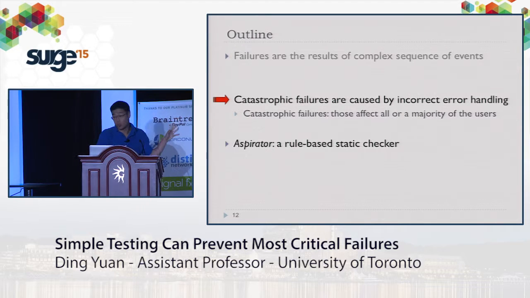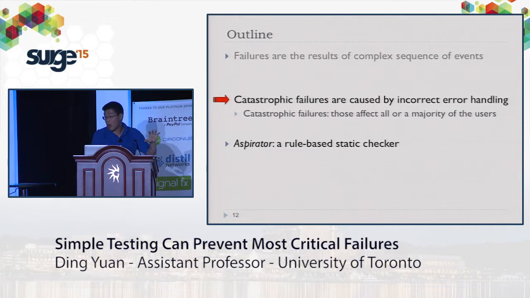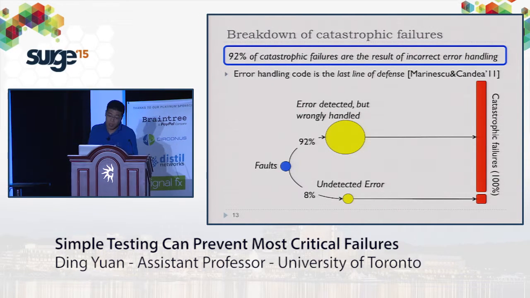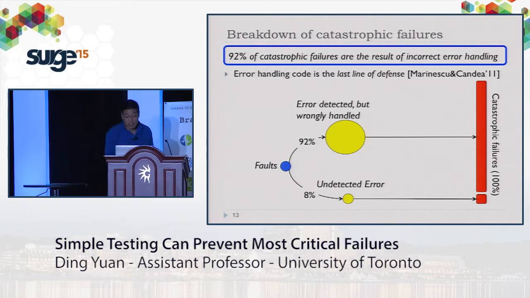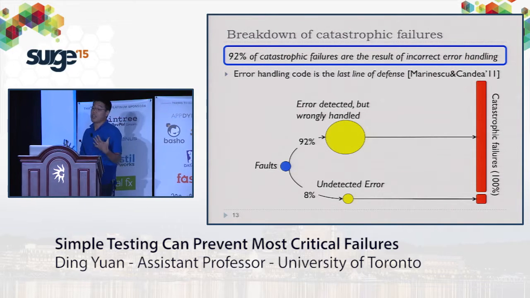So next, let's zoom into this catastrophic failure, where the failure will affect all or a majority of the users. If we break down the life cycle of these catastrophic failures, we found that first, almost all of them are caused by bugs in the error handling code.